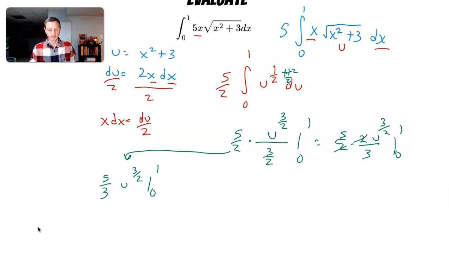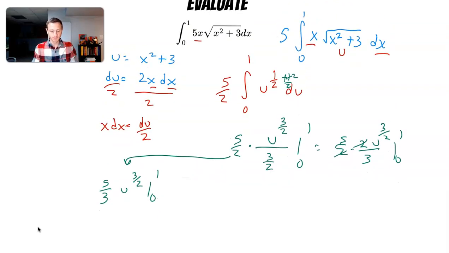But this video is geared more towards the business calculus student, where most business calculus textbooks will just leave it as 0 to 1. But if you're trying to self-study, some textbooks will change these limits of integration in terms of u.